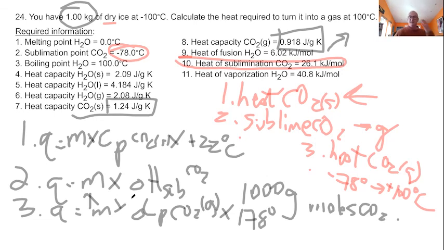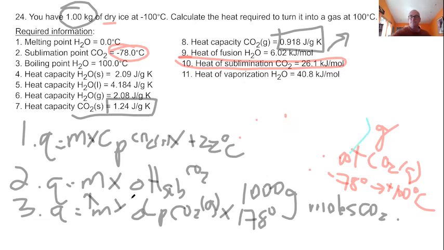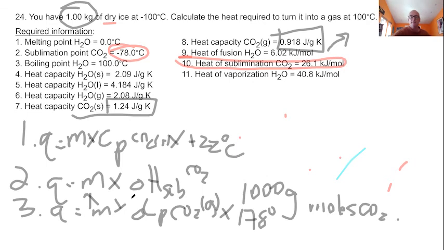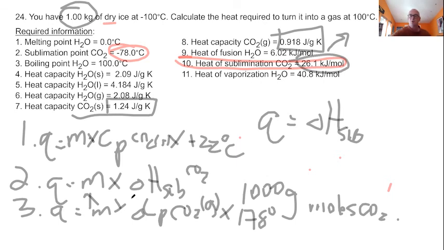So you need the heat of fusion or the heat of sublimation or the heat of vaporization, whatever change in phase is going on. In this instance, the change in phase is sublimation. And so the heat involved to do that would be the heat of sublimation, delta H sub, which is 21.6 kilojoules per mole times moles of CO2.